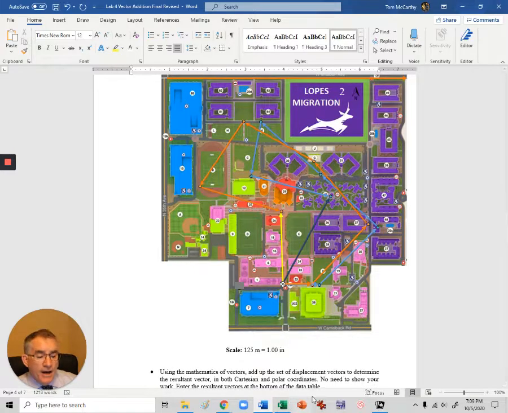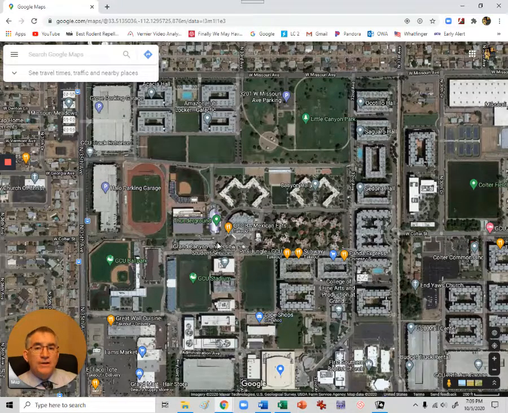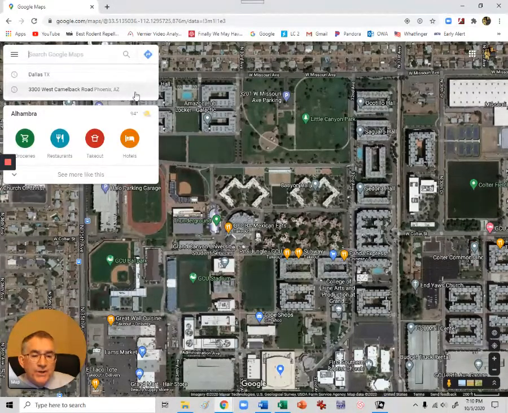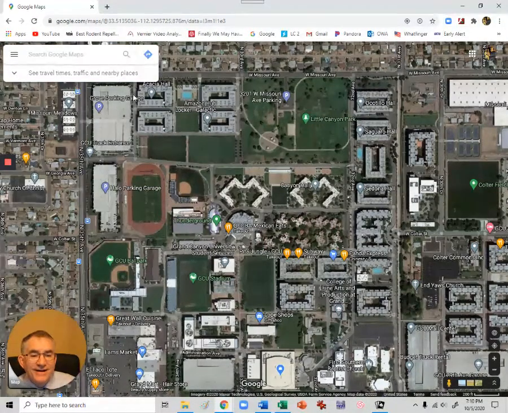So I'm going to bring up my Google Maps for the campus, and up here near the top, you can see Missouri Avenue. Okay, so up here at the top, you can see Missouri Avenue.